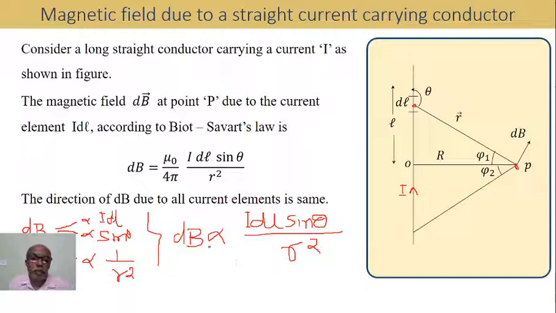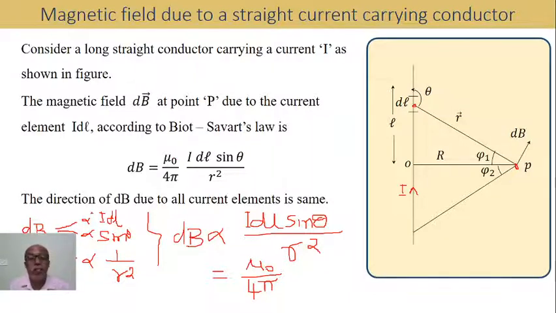After removing the proportionality, we introduce a constant mu naught by 4 pi, which is called the proportionality constant. So dB equals mu naught by 4 pi, I dl sine theta by r square, where mu naught is called the permeability of free space.